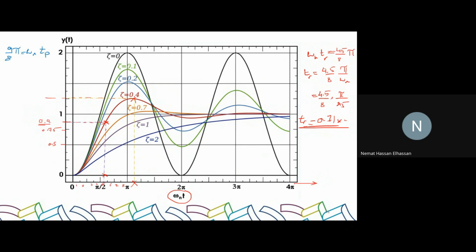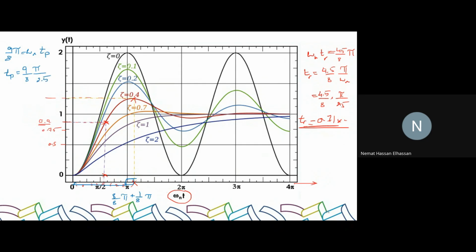Up till this point, you have 8 over 8 pi, and then we have one more, plus 1 over 8 pi, which is 9 over 8 pi, or in other words, 1 and 1/8. I just wrote it this way because it's easier to use in the calculator later on. So t peak is equal to 9 over 8 pi over omega n.